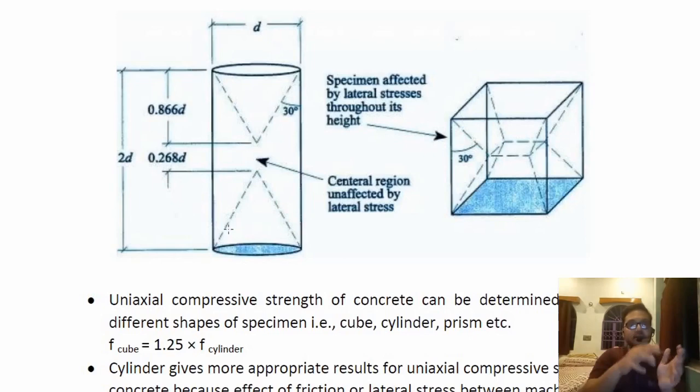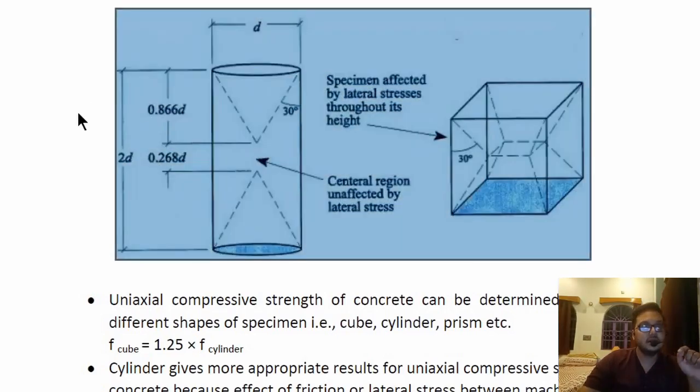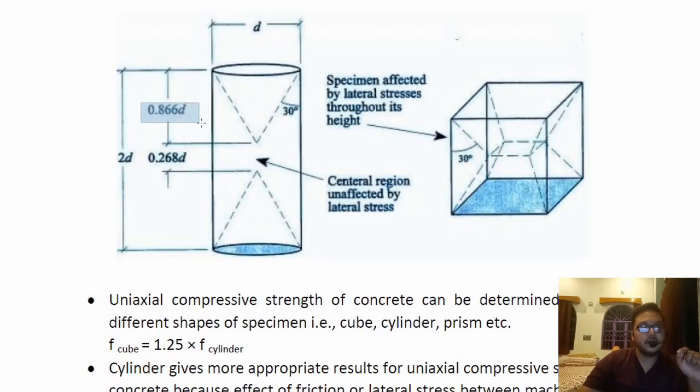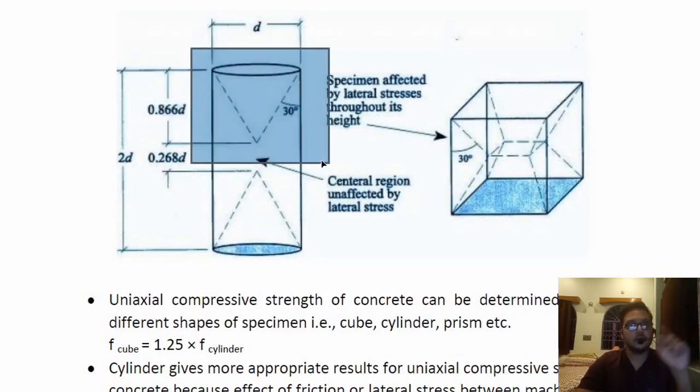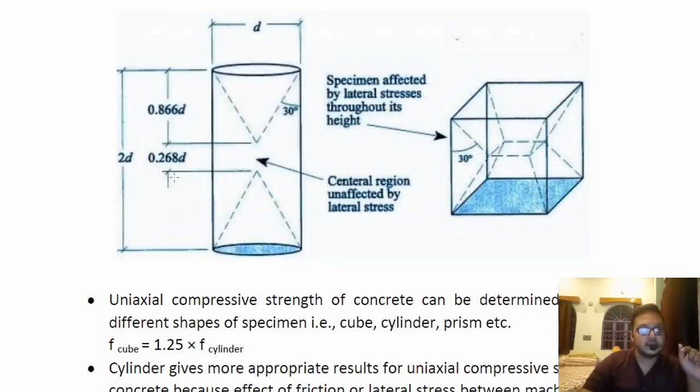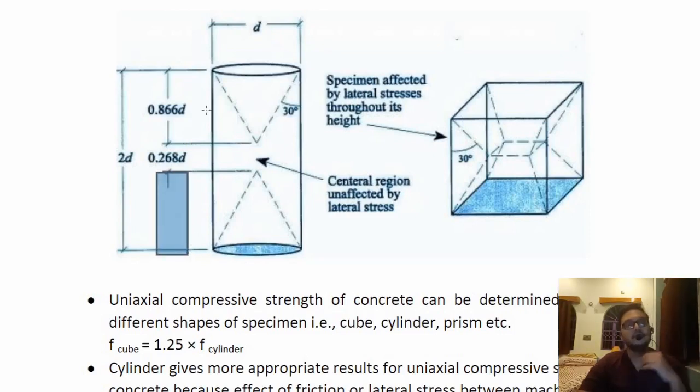Now if you compare these two shapes, you will see that this part is a good part in the cylinder. If 2d is considered as the depth of this cylinder and d is its diameter, then out of this only 0.866d will be taken up by this part of the cone. Only this much is taken up by 0.866d, and similarly this one is also 0.866d.